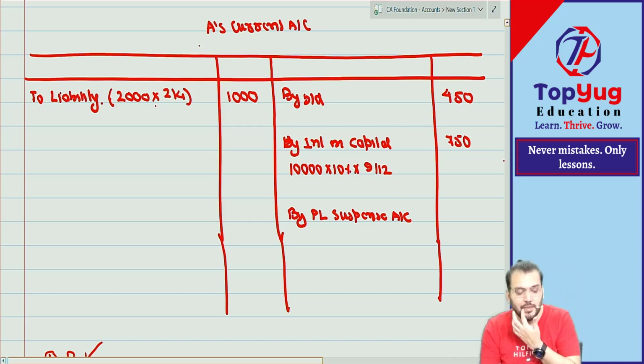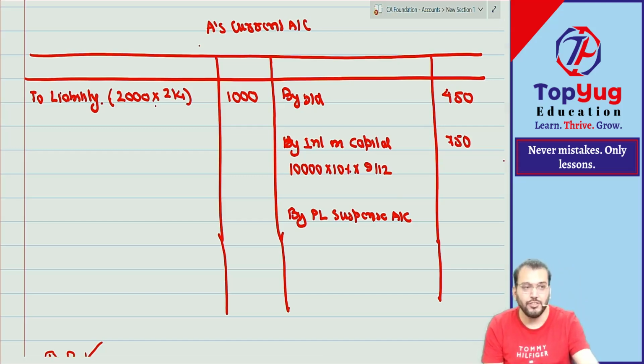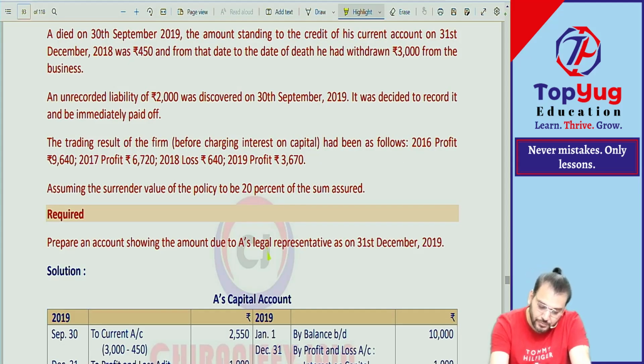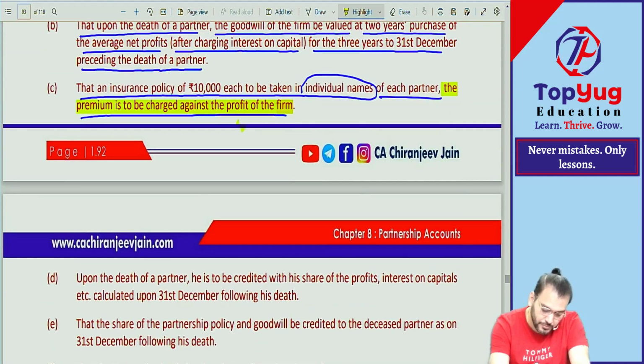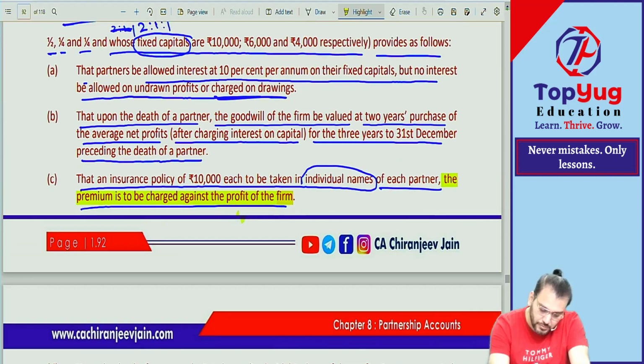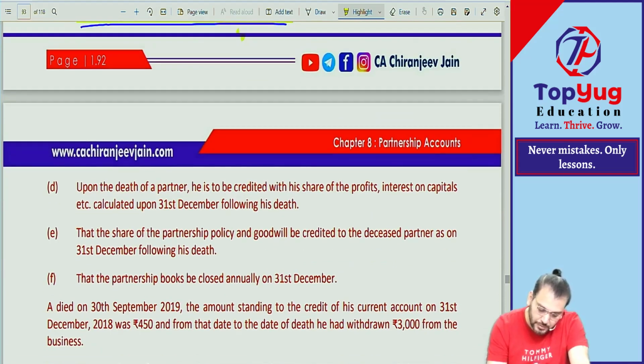Correct. We will calculate profit. Profit should be calculated based on whatever information they have given. What is given about profit? They have given information about 3 years' profit, so we can calculate the profit estimate based on the previous 3 years' profit.